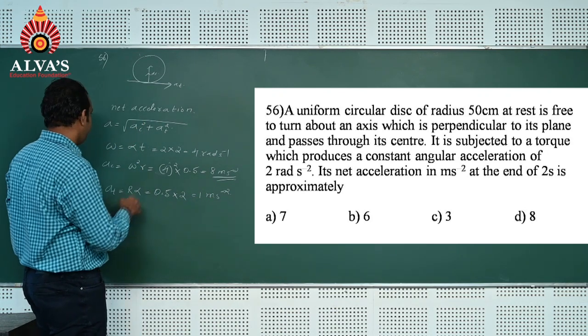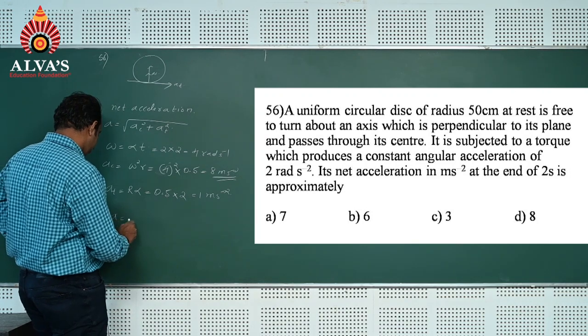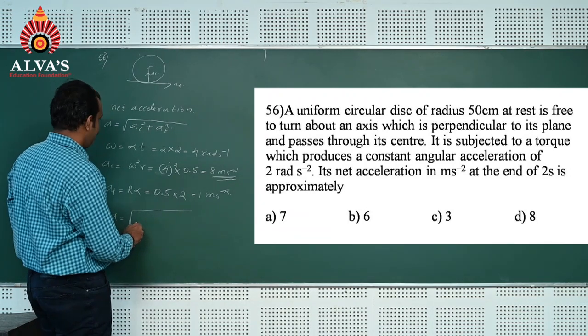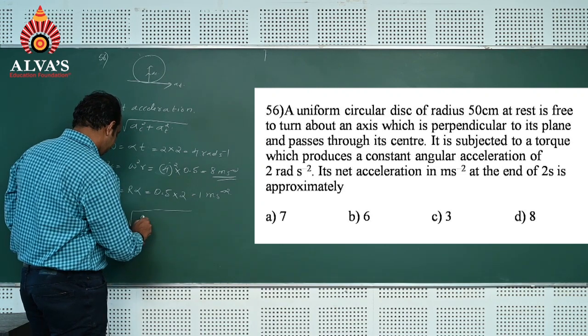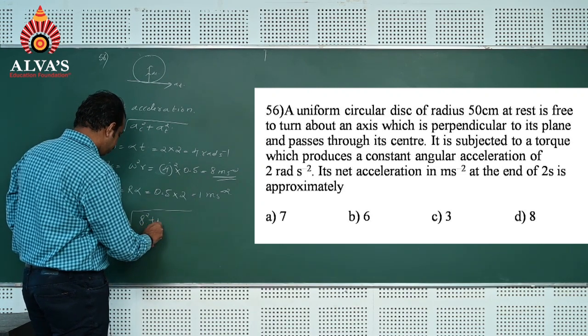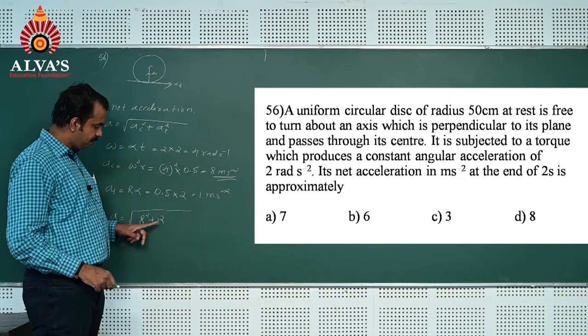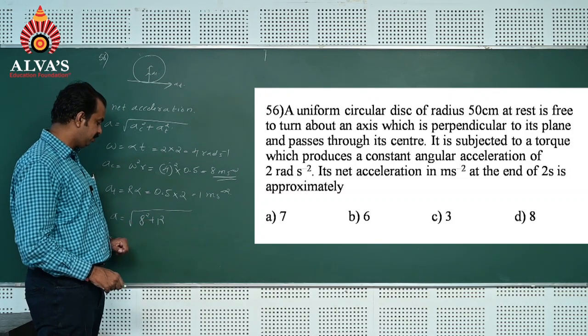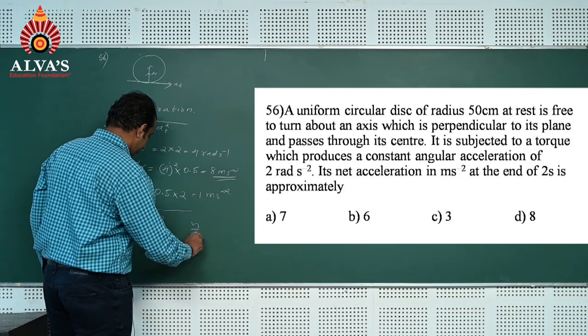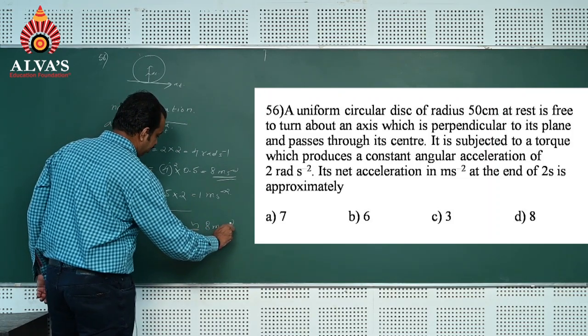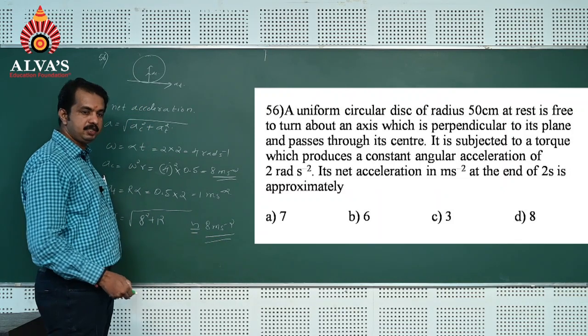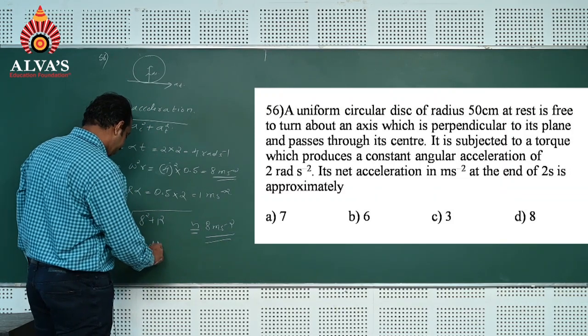Now we can just find out the net acceleration. A is equal to root of centripetal acceleration value 8 square plus 1 square. When you compare this 8 square, 1 square is negligibly small. So we can just write A is equal to 8 meter per second square. 8 meter per second square means D is the correct option.